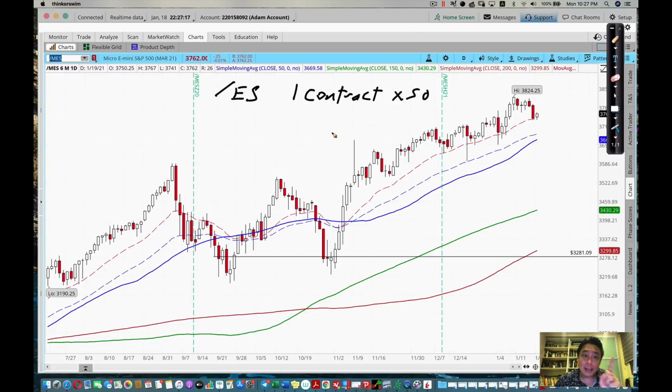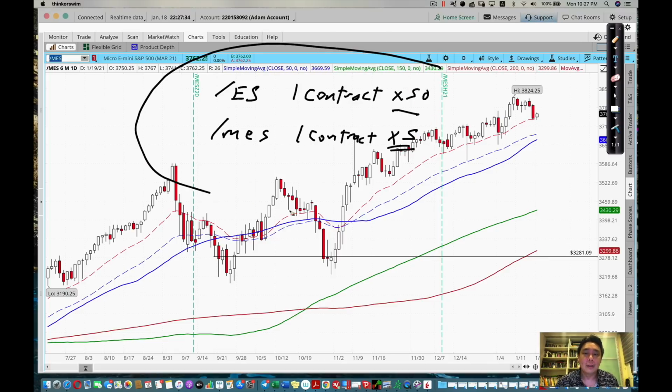But for the E-mini futures, it's times 50, not times 100. And for the E-mini micro futures, one contract would be times 5. That's the first thing you have to remember.